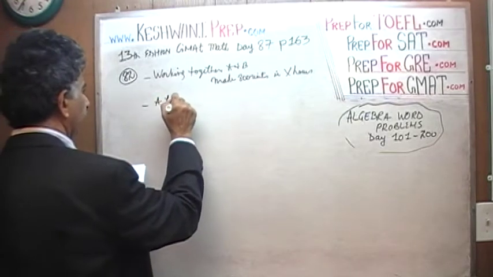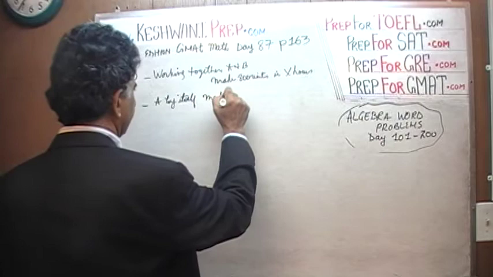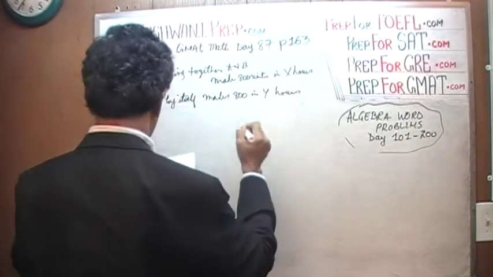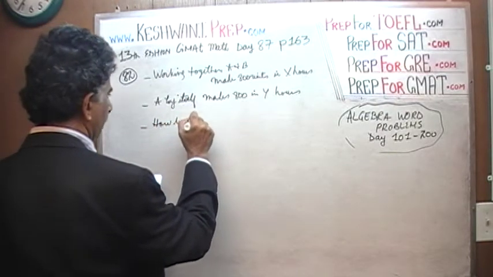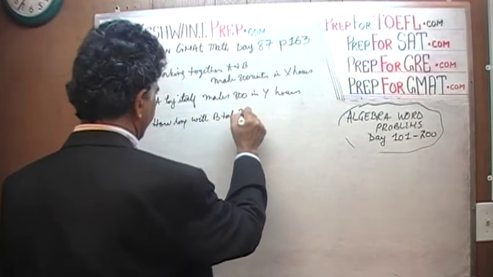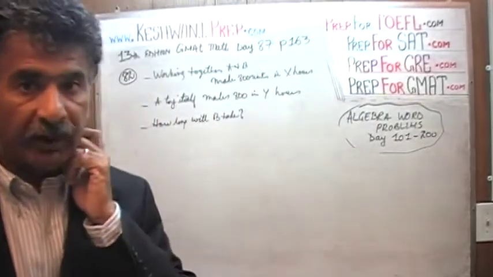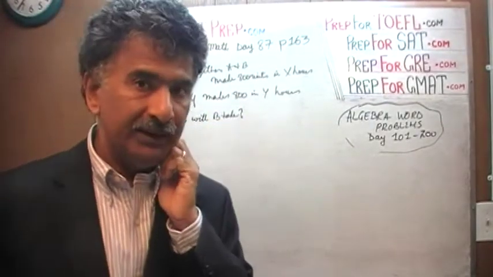A by itself makes 800 in Y hours. How long will B take? How long will B take to make the 800 units? I'm going to describe making the 800 units as the job. So how long will B take to do the job?